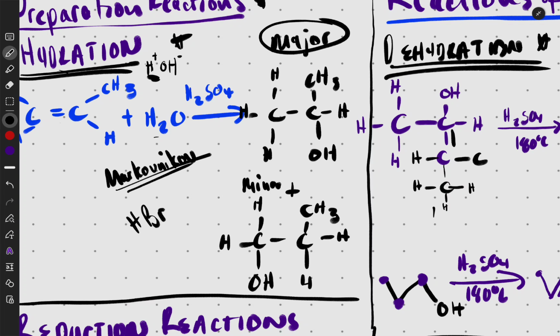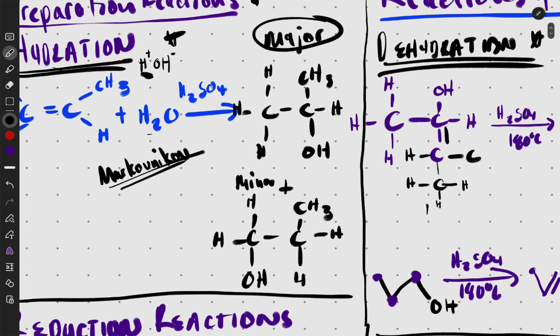Hydrogen will go to the carbon with more hydrogens in this double bond. But you can add a peroxide, something like this, and this will cause you to do anti-Markovnikov. That's not for this. You can check on hydration of alkenes. We talk more about it when we are doing alkenes.